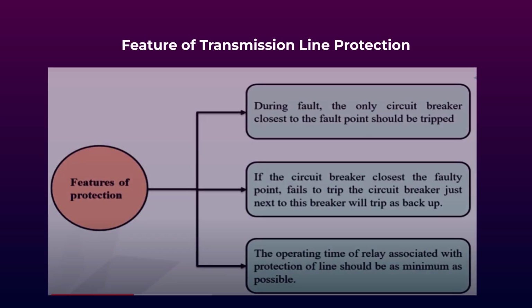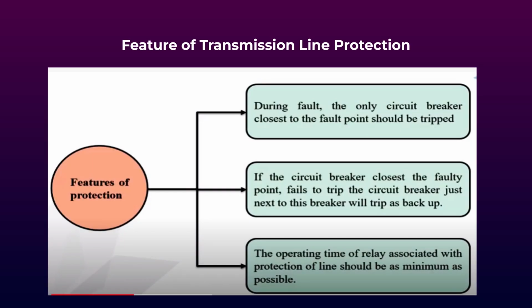Some of the specific requirements of transmission line protection are: first is the ability of the protection system to isolate only the faulty section of the network. In the event of a short circuit, the circuit breaker close to the fault only opens so that all the other circuit breakers remain closed, which maintains the continuity of supply.